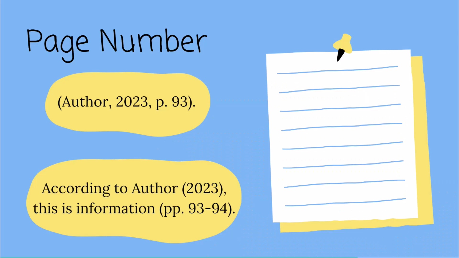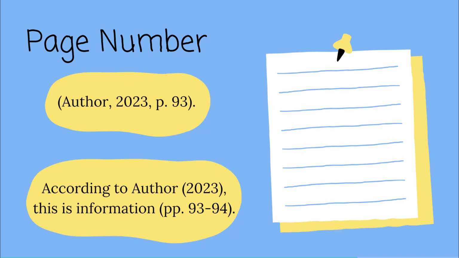If you use a direct quote in APA, so if you are using the author's words directly, you need to include a page or paragraph number in your in-text citation. If you do not say the author's last name in the sentence, you'll add all of the information at the end of the sentence.